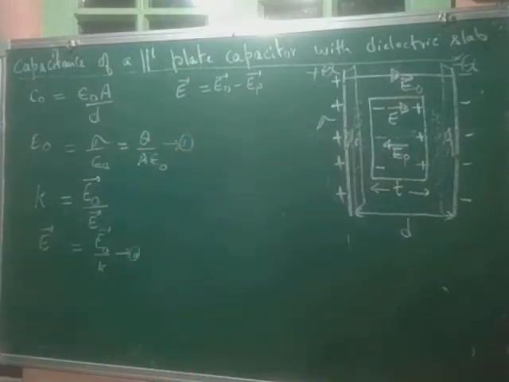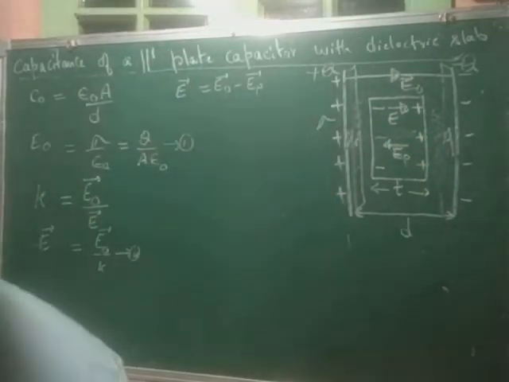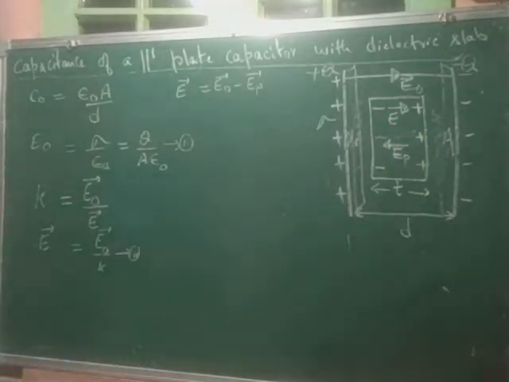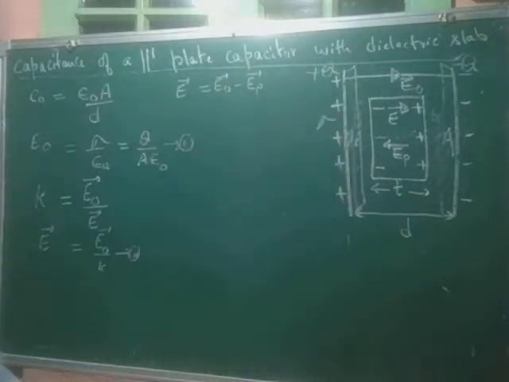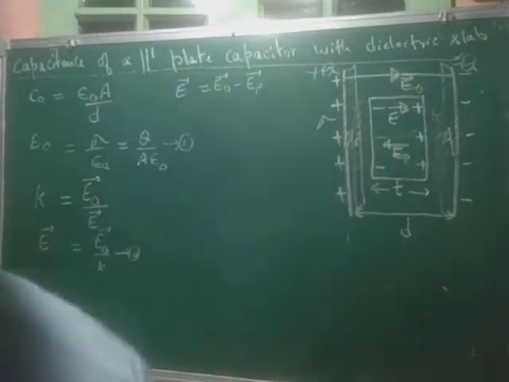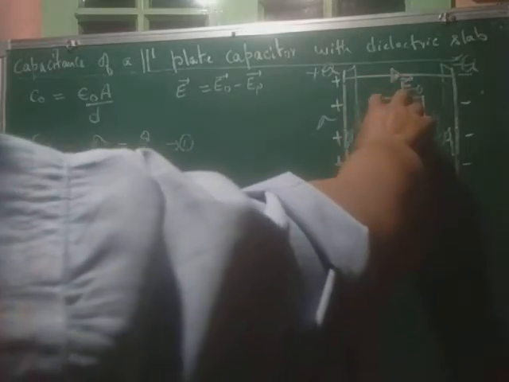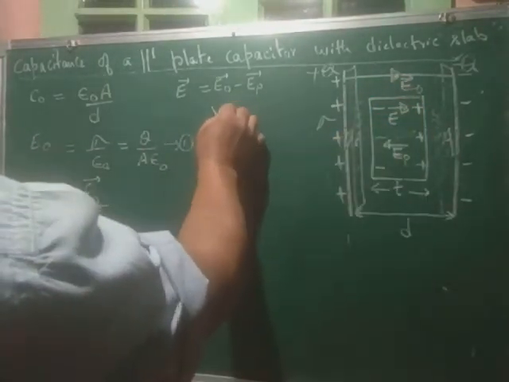Now the introduction of this dielectric slab will change the electric potential difference between the two plates. Before, when there is no dielectric slab, the potential difference between the two plates is V naught.